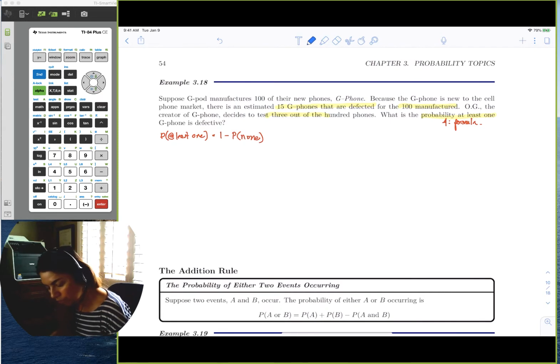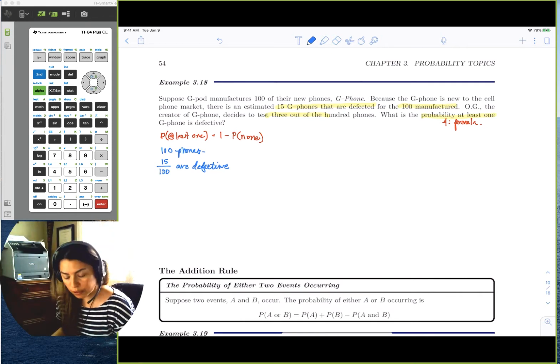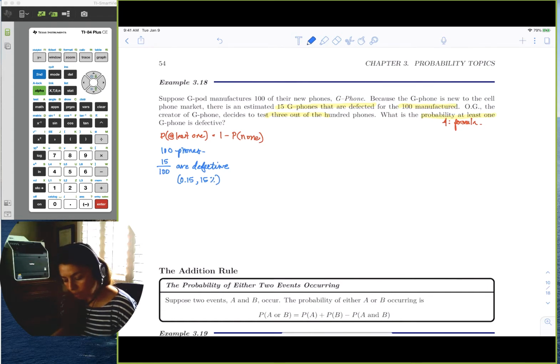We do know that we have 100 phones total, and 15 out of the 100 are defective, which is 15%, or 0.15.